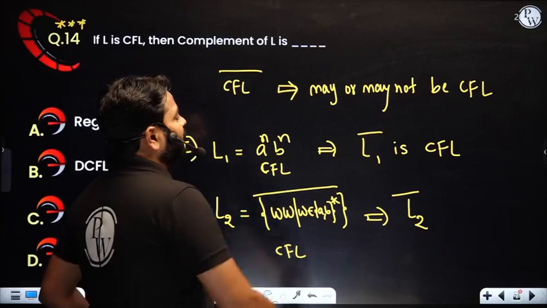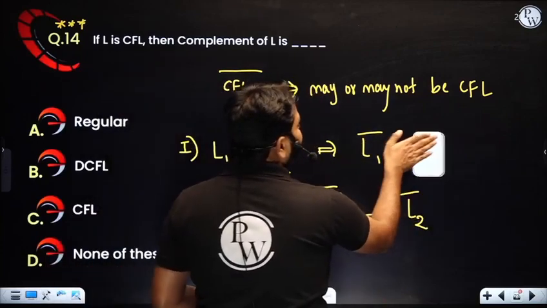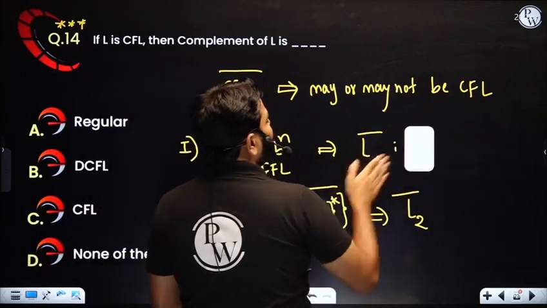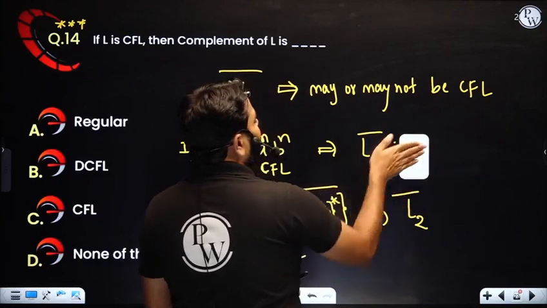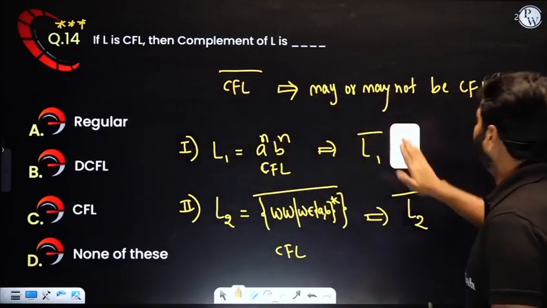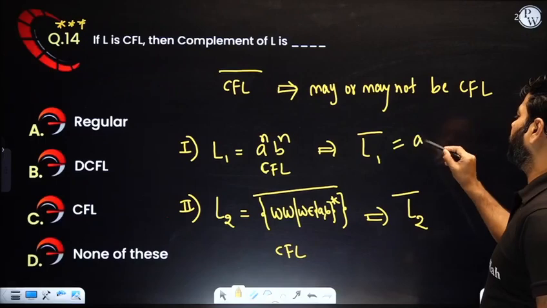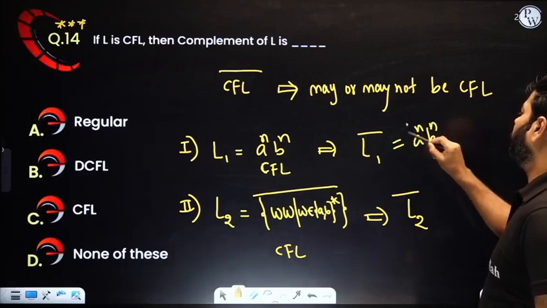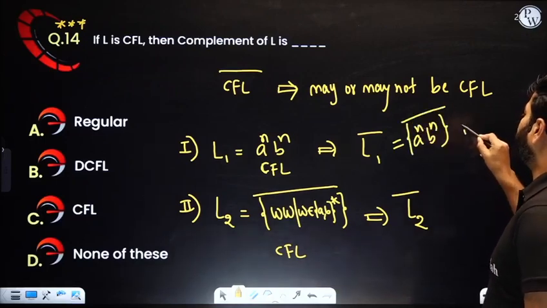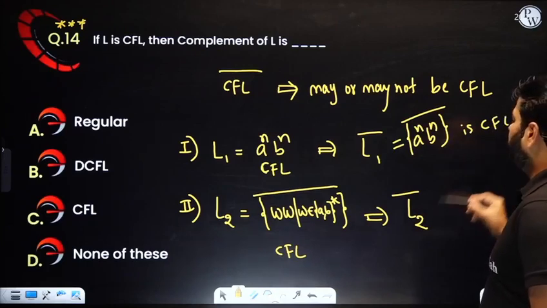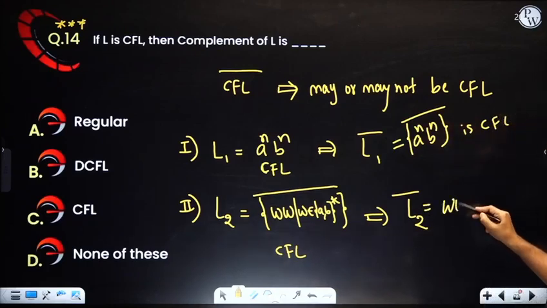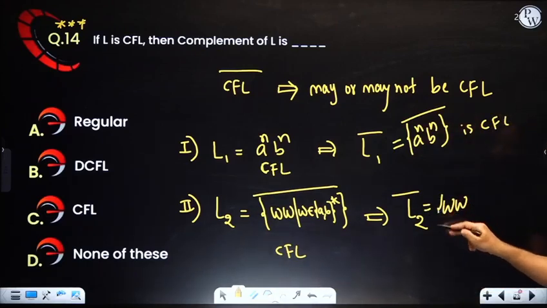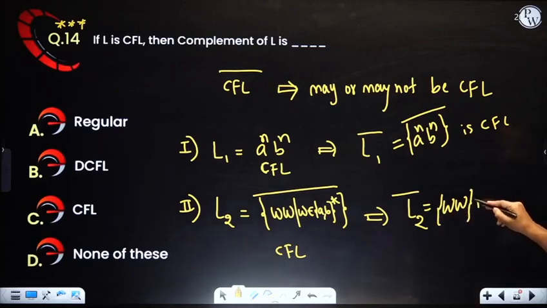What is right here? L1 complement, you got A power n, B power n bar. We know this is also CFL. But what does L2 complement come to? WW, of course, such that W belongs to {A, B} whole star. You say that is not CFL.